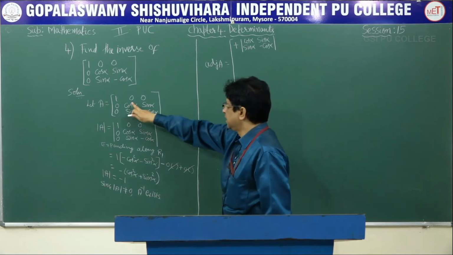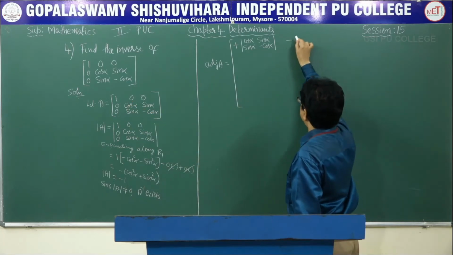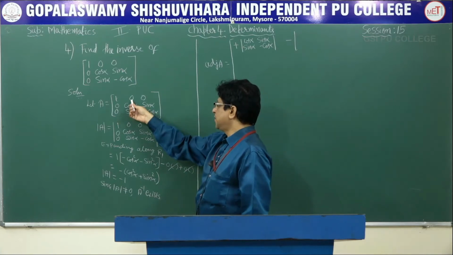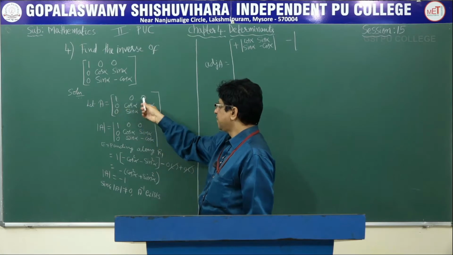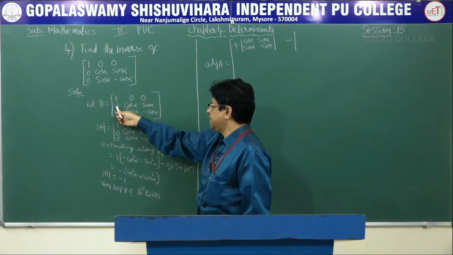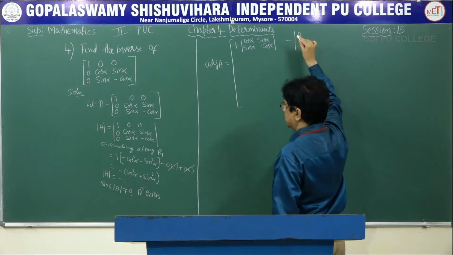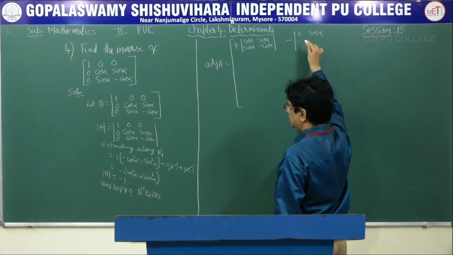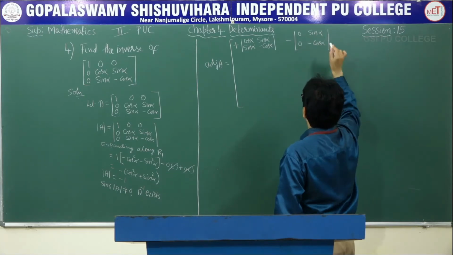Next we shall find cofactor of 0: minus determinant of. So, 0 lies in the first row and second column. We eliminate the first row and second column and take the determinant of the remaining elements: 0, sin alpha, 0, minus cos alpha.